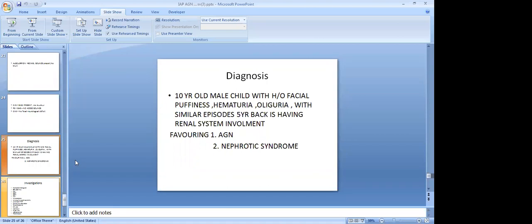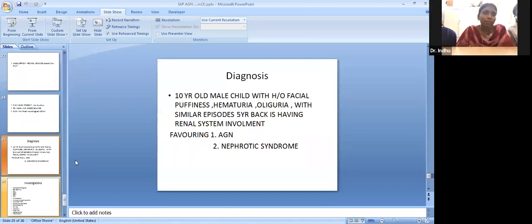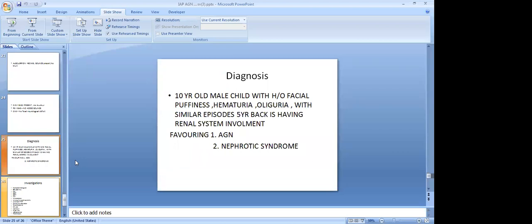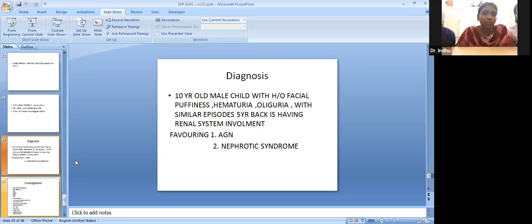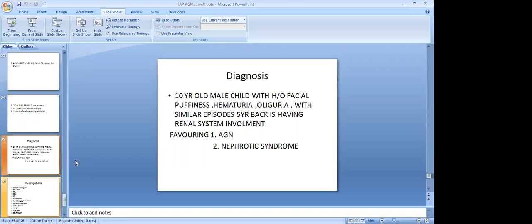MPGN. Membranoproliferative. Anything else? RPGN.